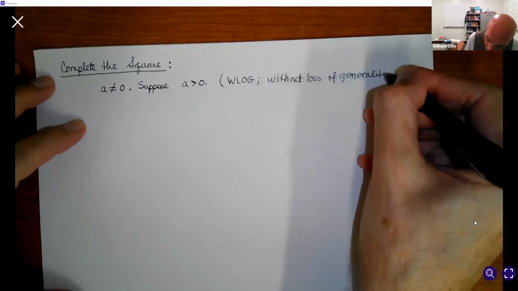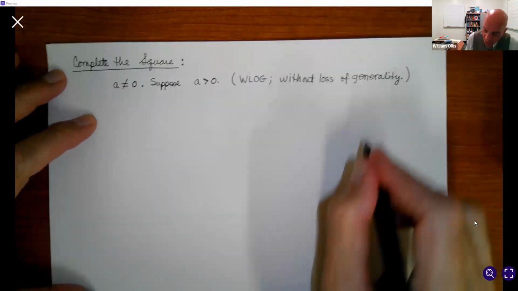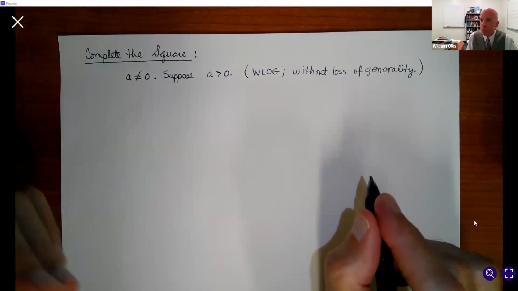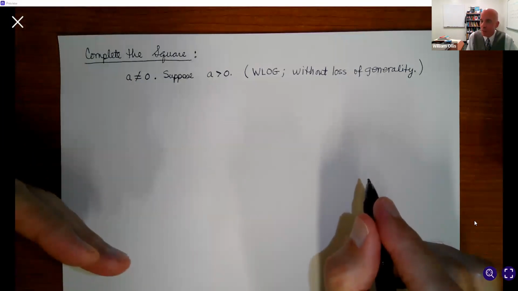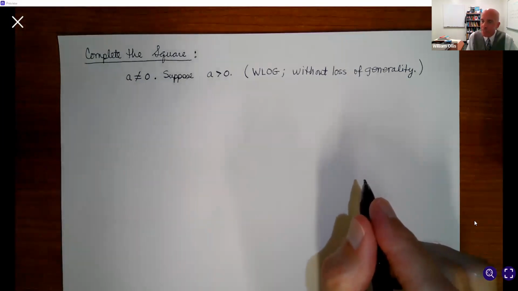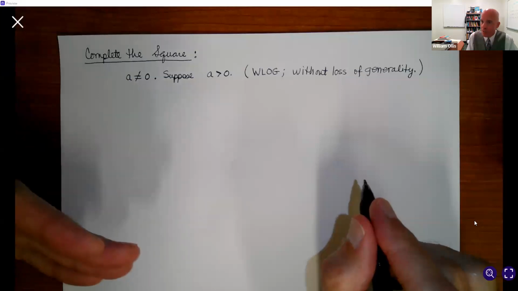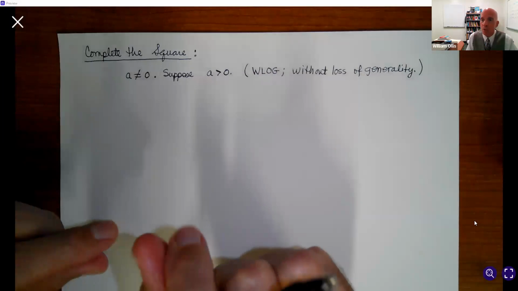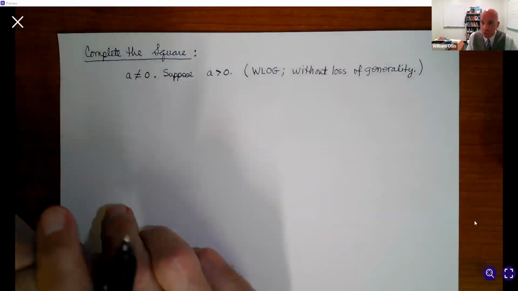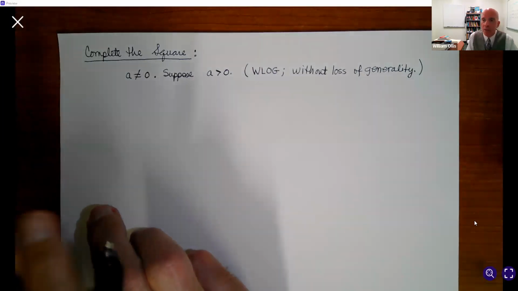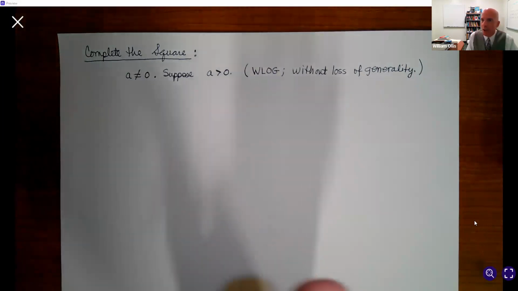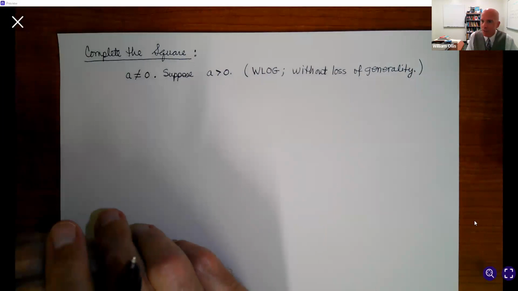Because if you're working with an equation and the a is less than 0, you can always multiply the equation by -1 to convert the number less than 0 to a number greater than 0. So that's why we say without loss of generality, because it will not change the solutions. We use that technique without thinking about it when it comes to solving equations.